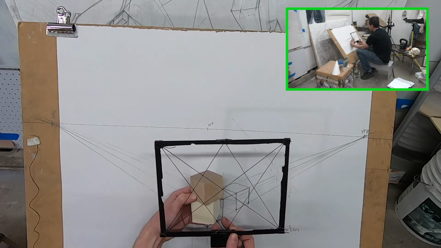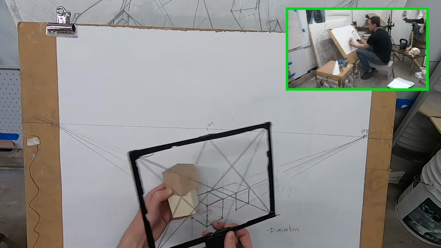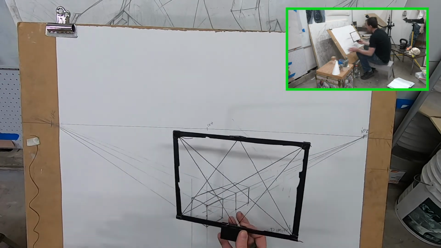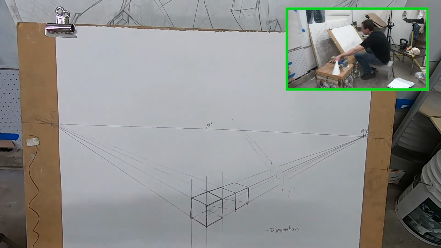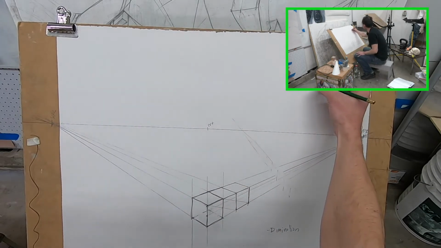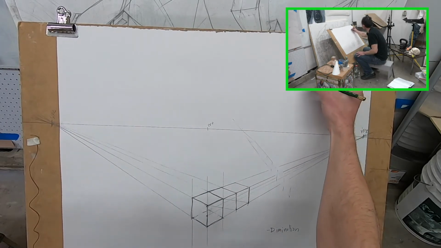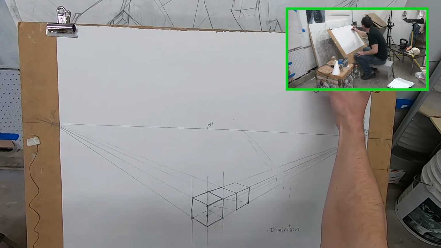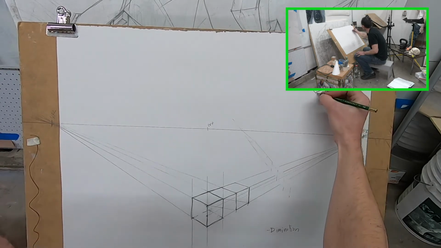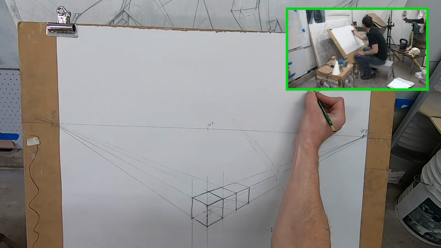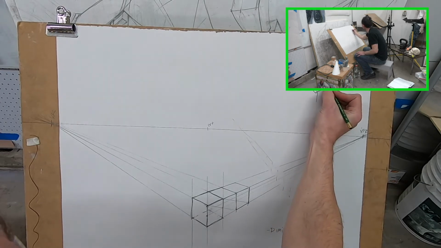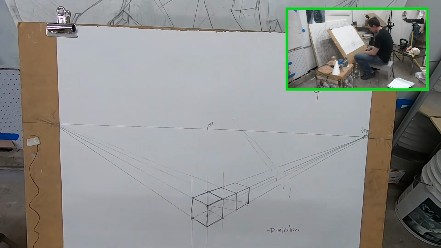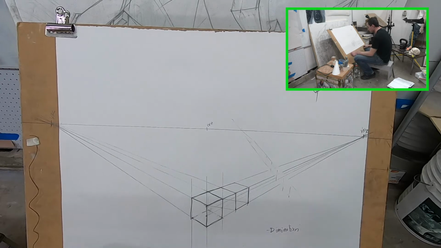Then we can see that we're not going to get the same vanishing points because the angles have changed. So we're thinking about taking that cube and asking ourselves, how is it rotated on its central axis?